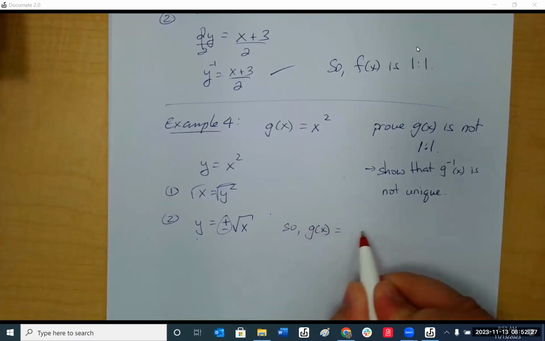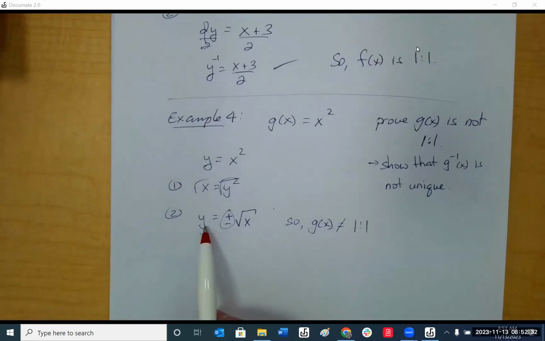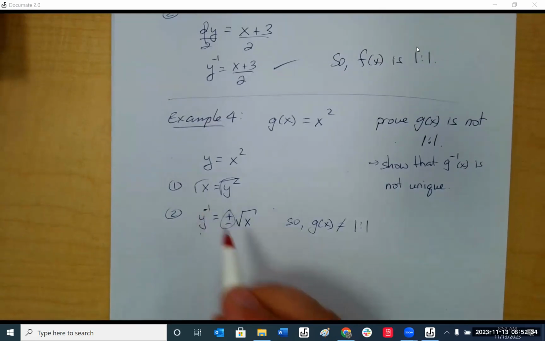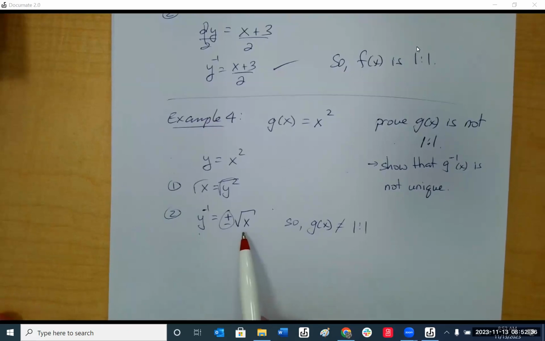So g of x is not 1-to-1, because this inverse is not unique. I can have a plus radical x or a minus radical x for the same value. So it's not 1-to-1.